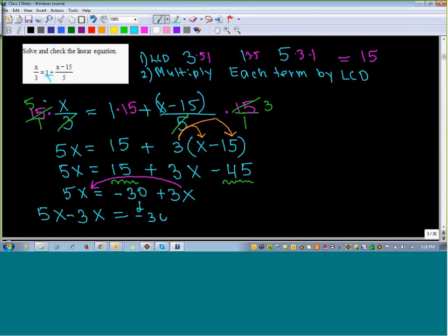Same thing, right? 5 minus 3 is 2 of those x's. Now divide by 2 on both sides, so x is negative 10.